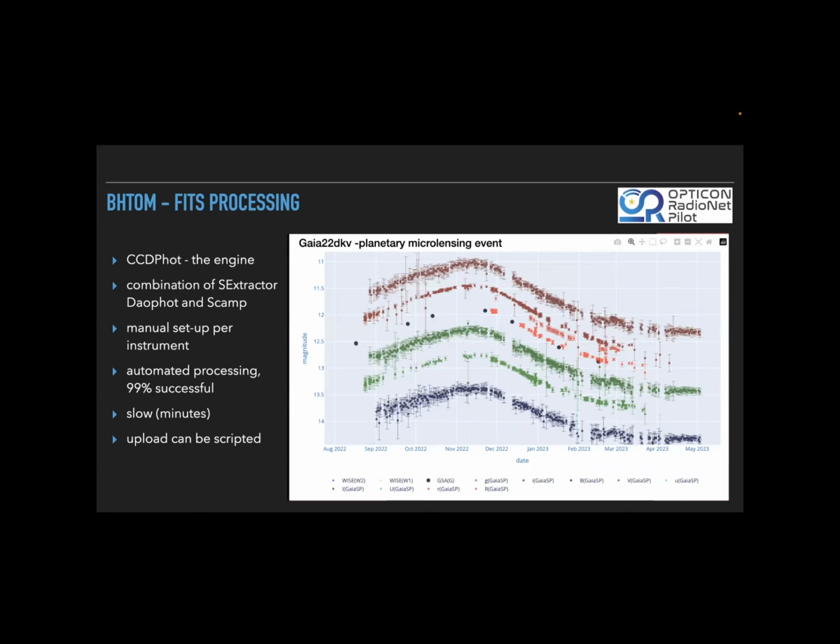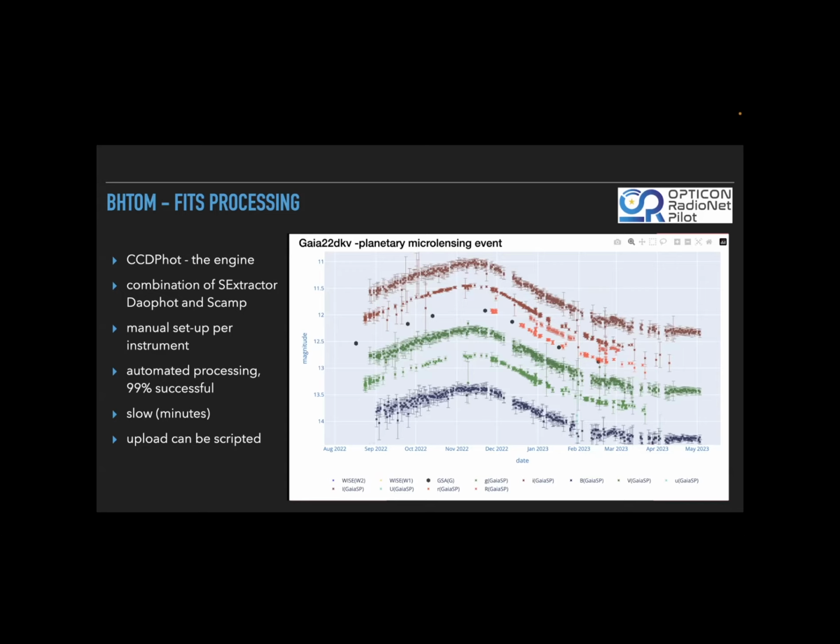Once it's set up, the processing of your own images can be done automatically. And most of the time, it's 99% successful. It's fairly slow, it might take minutes per image, but we are Dockerizing it, so we might expand the network of these engines to speed it up.